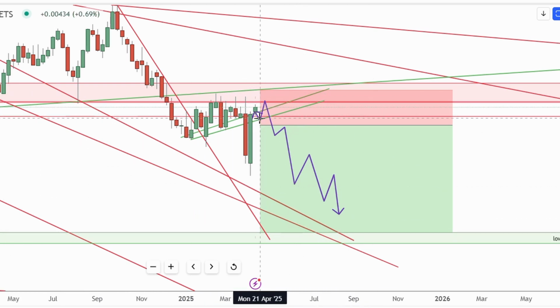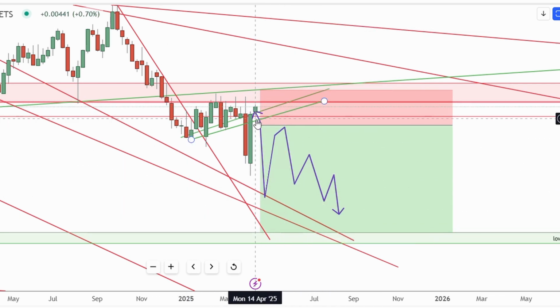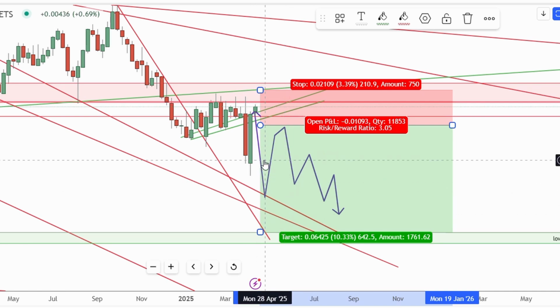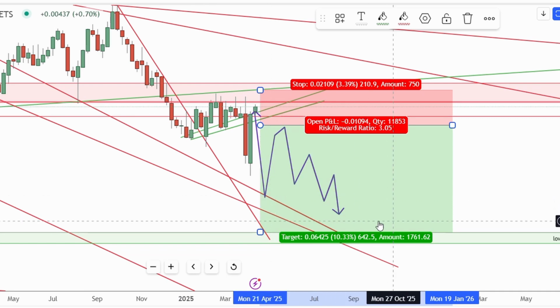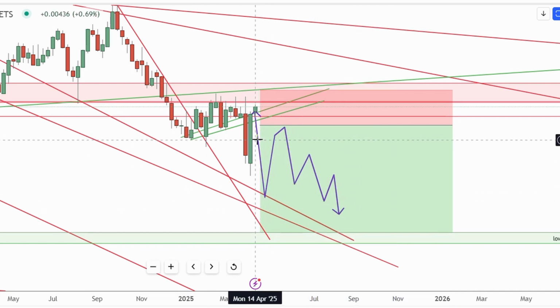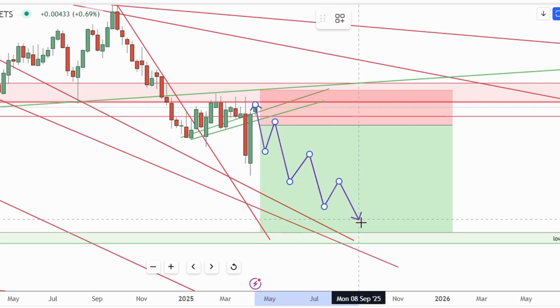If it moves down too quickly, for example, straight to the dynamic support, it would potentially sell off and reject here, and that would mean for us to enter the position. So ideally we want price to go down, definitely, but it's not bad if price does something like this.